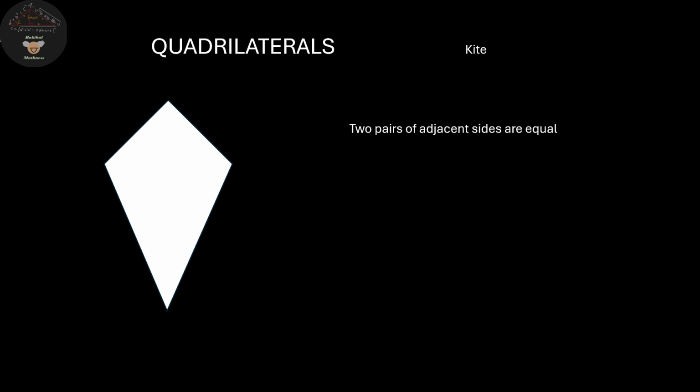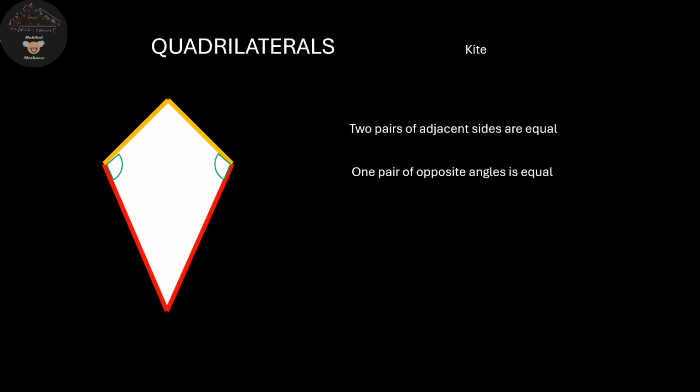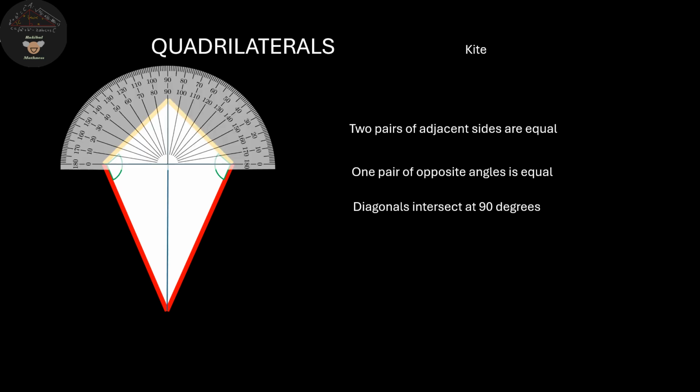The two top ones and the two bottom ones. The orange sides are equal and the red sides are equal. Not necessarily one pair, at least one pair of angles needs to be equal. The diagonals intersect at 90 degrees, as you can measure here.